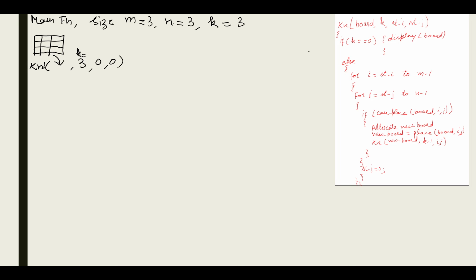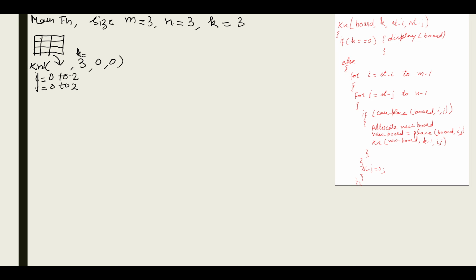So in this function, the first line, if k is equal to 0, obviously this is false. We come to else. In the else we will start the loops from i is equal to 0 to 2, from j is equal to 0 to 2, and obviously we can place it in the first position.